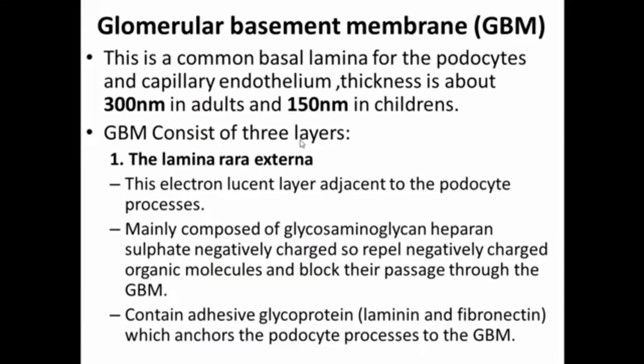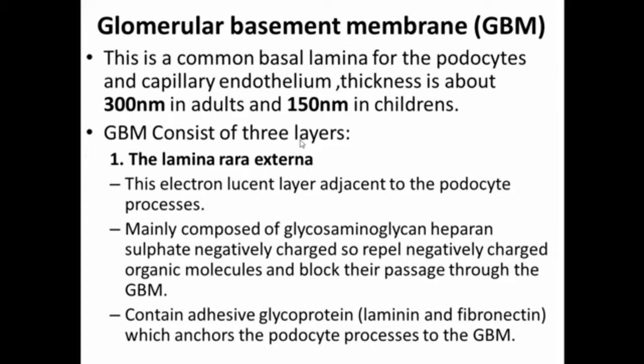Okay. Now, just to revise what I have told you in the morning session about the glomerular basement membrane, that this is a common basal lamina for the podocytes and capillary endothelium. Thickness is about 300 nanometer in adults and 150 nanometer in children. And this glomerular basement membrane consists of three layers: the lamina rara externa.